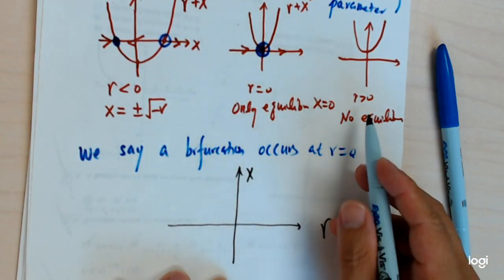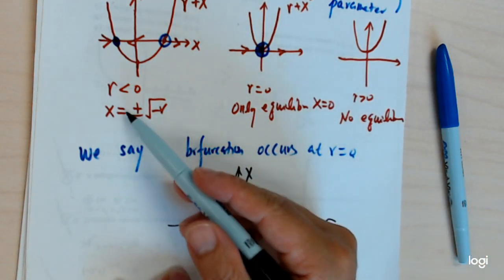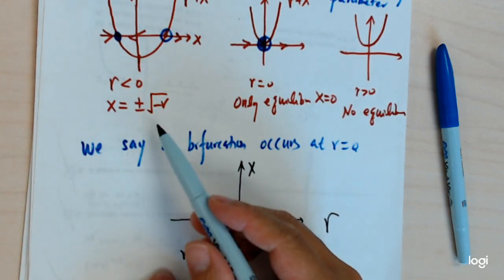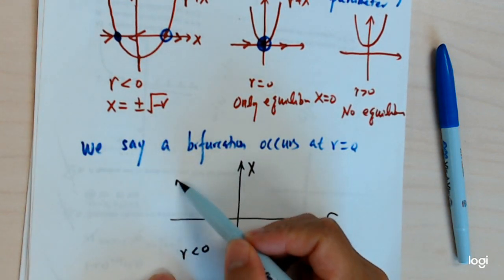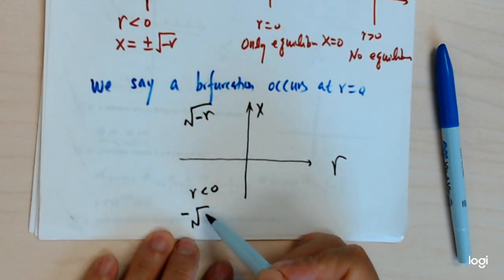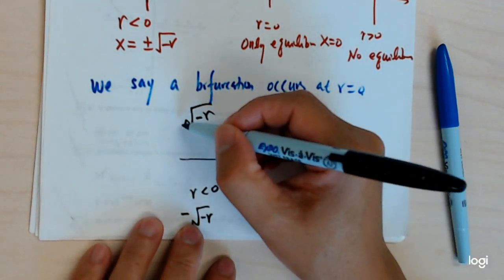When r is greater than 0, there is no equilibrium. When r is less than 0, on this side, the equilibrium is given by positive square root of negative r and negative square root of negative r. Both of them are square root functions, and they look like this.